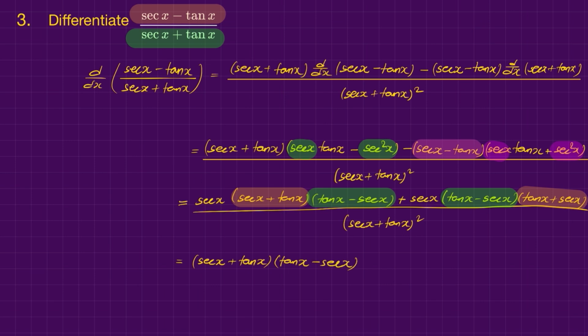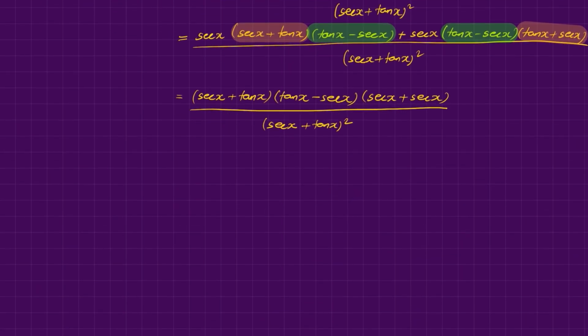So we will be remaining with sec x plus sec x, whole divided by sec x plus tan x whole square.